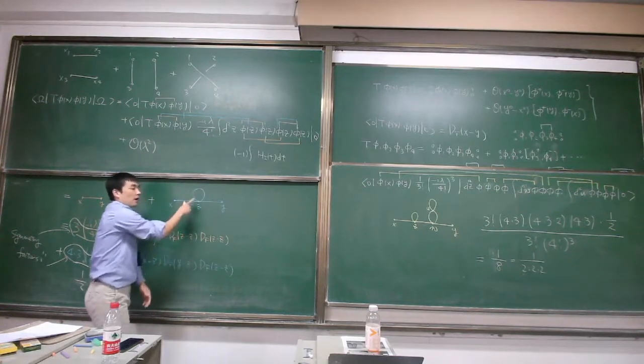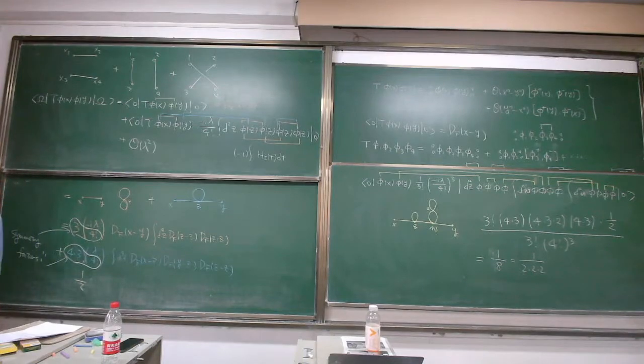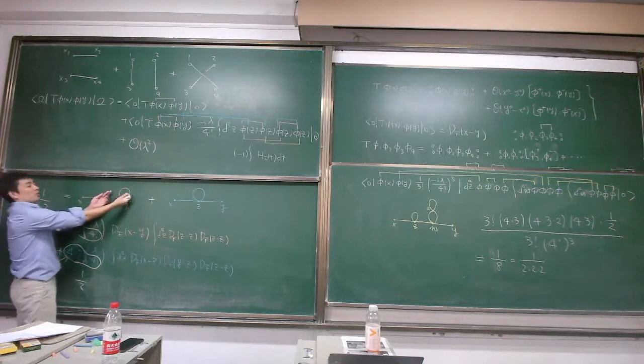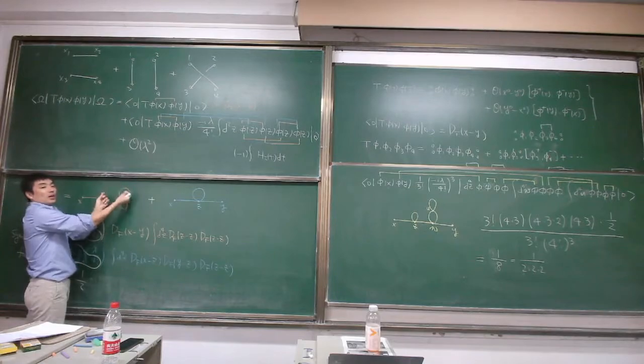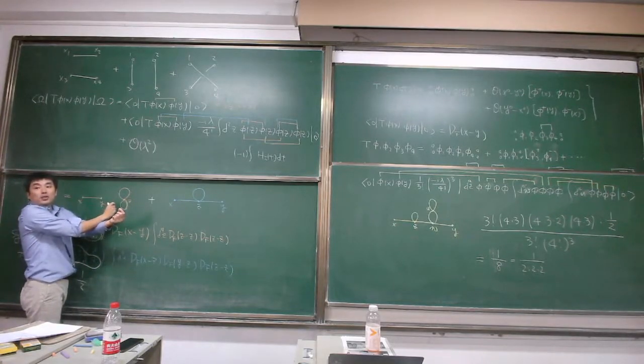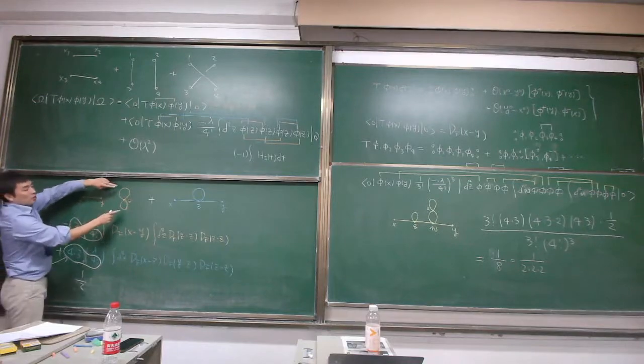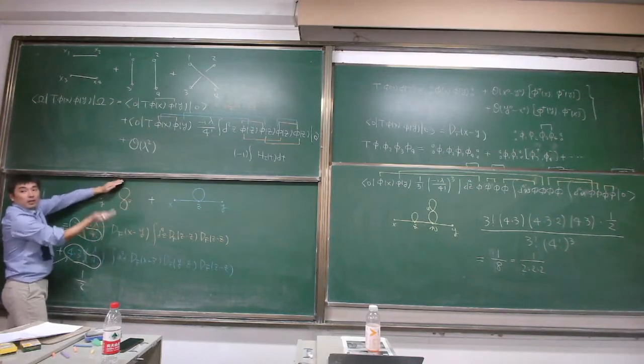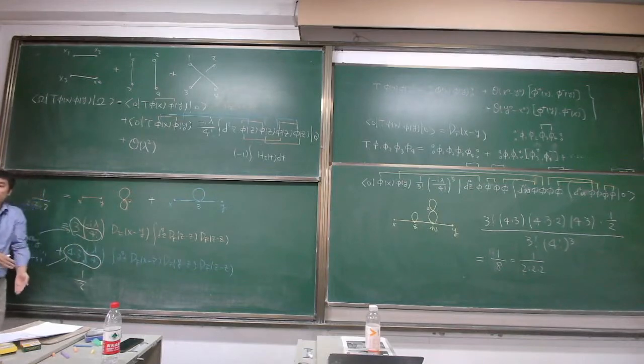So if you swap it, that factor will give you 1 over 2. Here you have 4 times 2. It can be understood as 2 times 2 times 2. One is you just swap these two ribbons, and the other factor 2 comes from the bottom ribbon: you just swap, you get the 2. And the other factor 2, you just swap the upper ribbon and the lower ribbon this way. That will give you the symmetry factor.